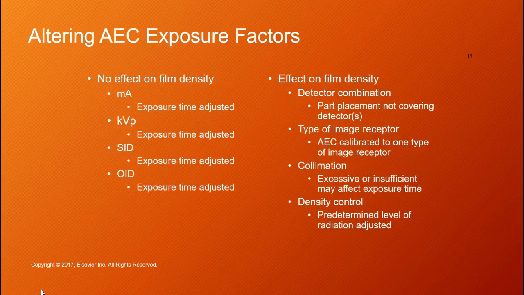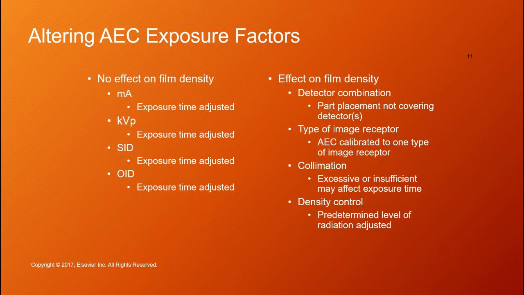Okay, this next slide is altering AEC exposure factors. So notice when you alter mA, kVp, SID, or OID, there's no effect on the film density because the exposure time is adjusted to keep film density constant. Okay, what does have an effect on film density is all things within the radiographer's realm.